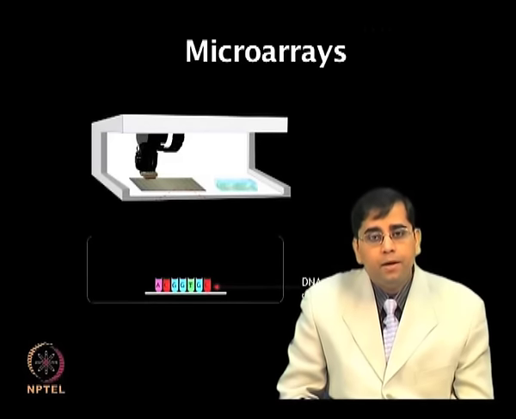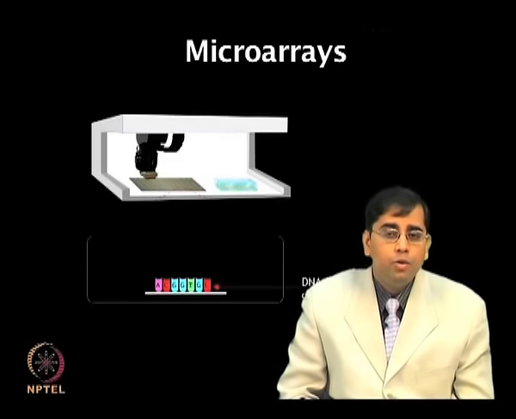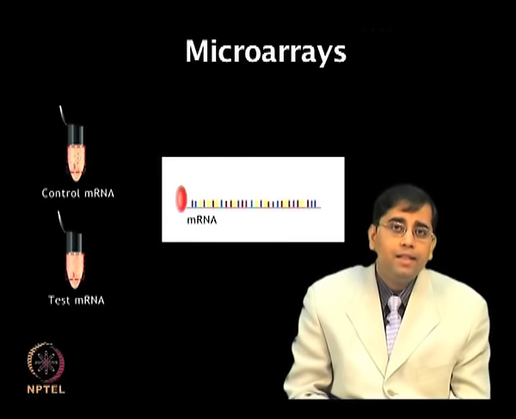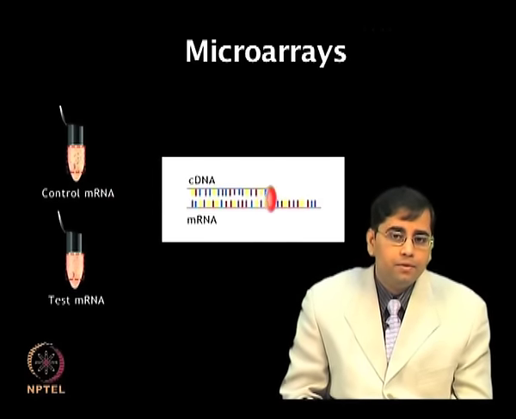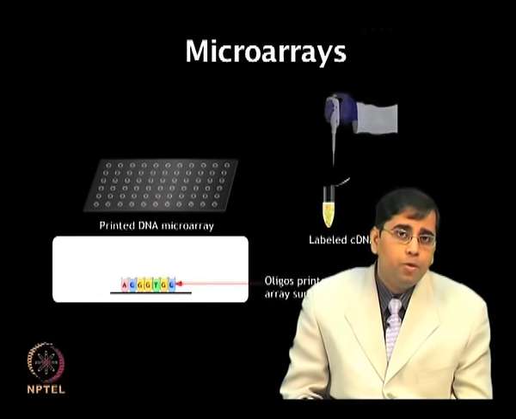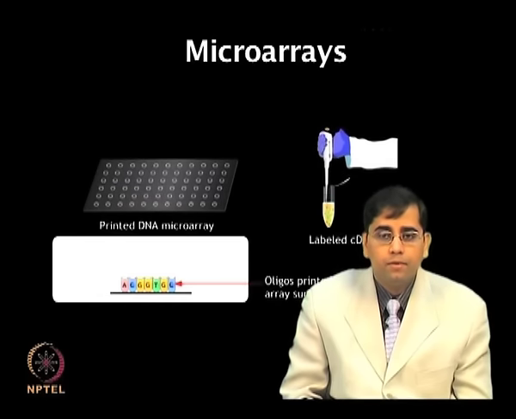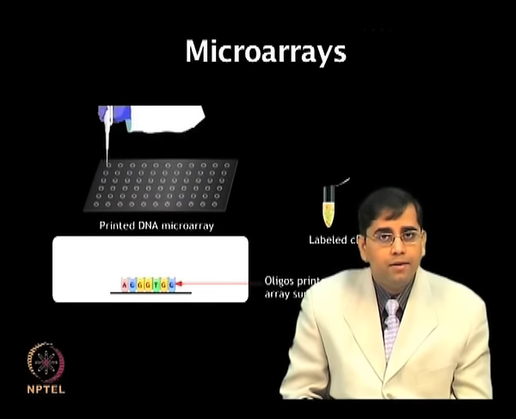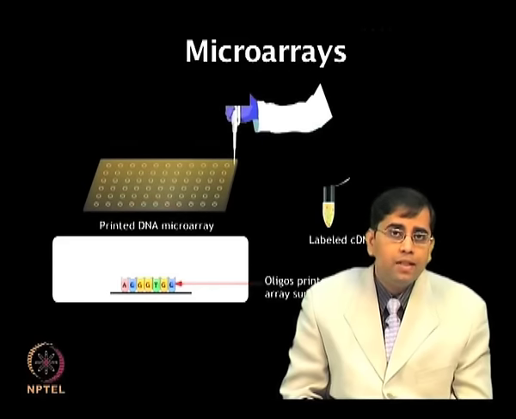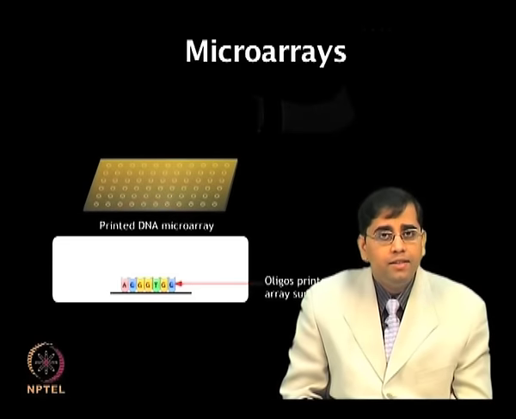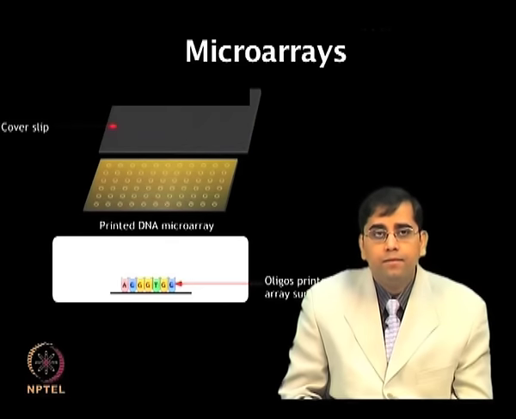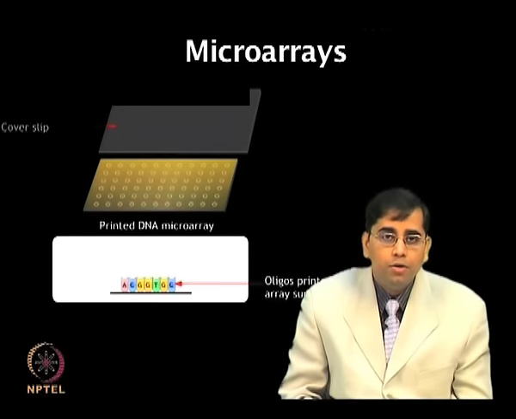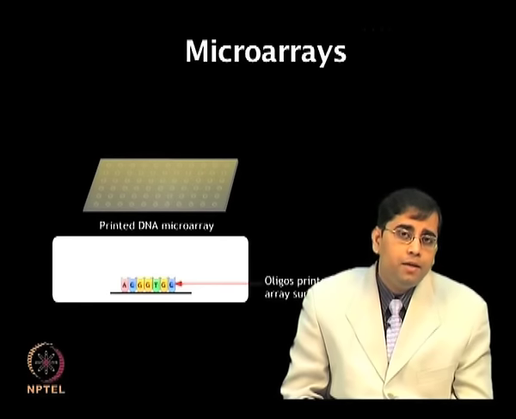In a microarray experiment, the mRNA from control and test samples are extracted and reverse transcribed into the corresponding cDNA. The cDNA samples are labeled with Cy5 and Cy3 dyes, and the mixed cDNA sample is incubated on a printed DNA microarray.